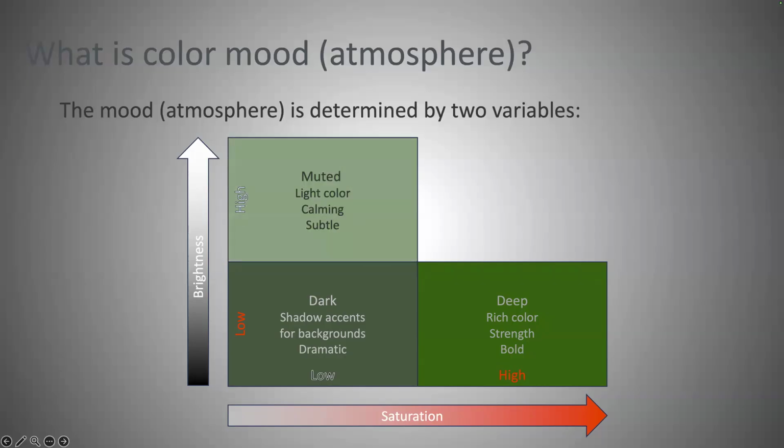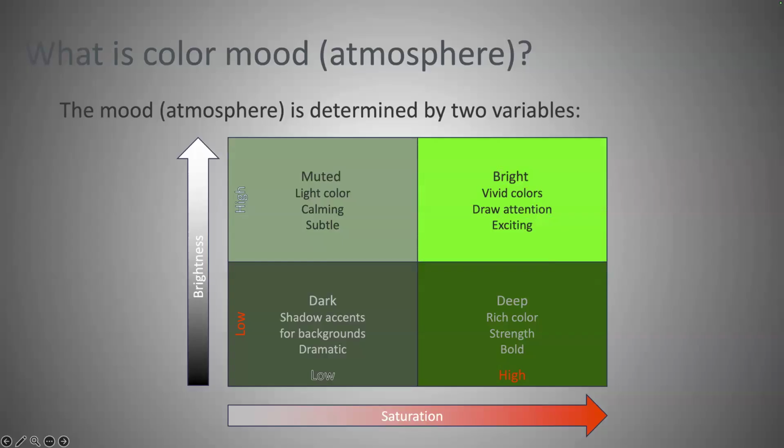Increasing the brightness with low saturation makes for muted colors or pastel colors, which are kind of calming in comparison. They don't have that strength and vitality that the high saturation have. Finally, turning the saturation and brightness levels all the way up to 11, we get the most vibrant and bright colors that demand your attention.